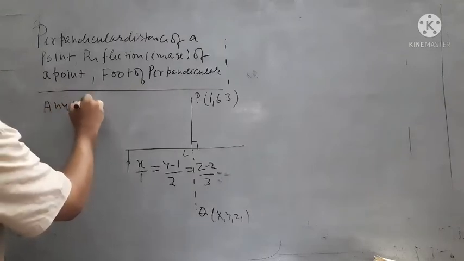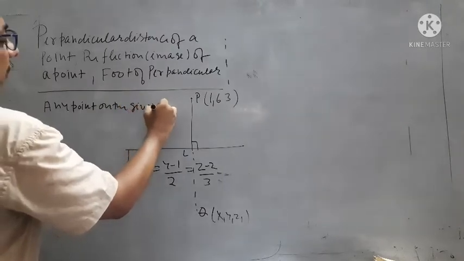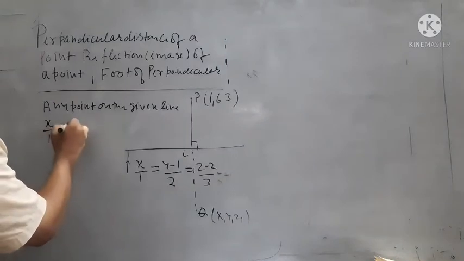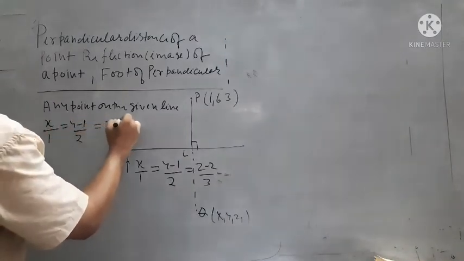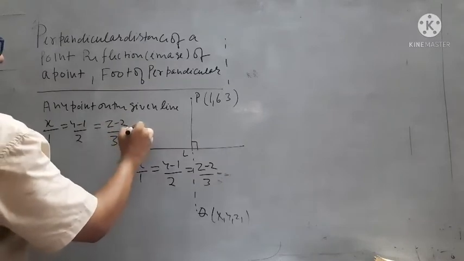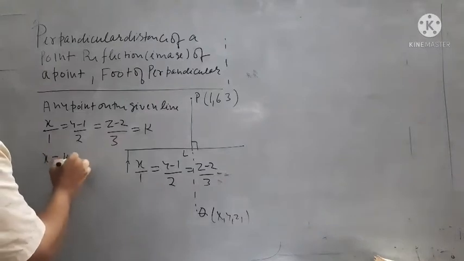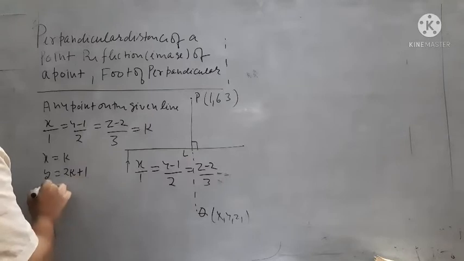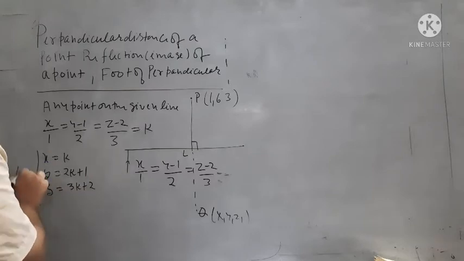We know that any point on the given line x by 1, y minus 1 by 2, z minus 2 by 3, taken as k, gives x equal to k, y equal to 2k plus 1, z equal to 3k plus 2. This is the coordinate of the point L.